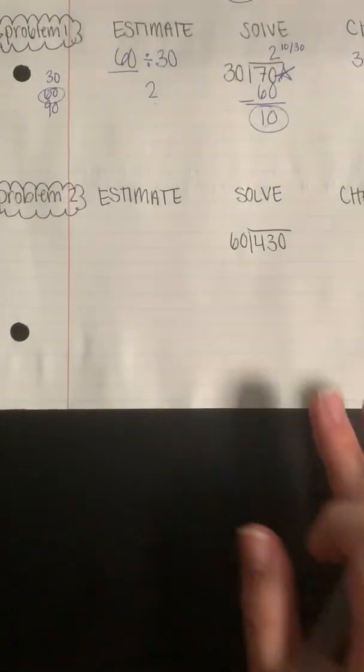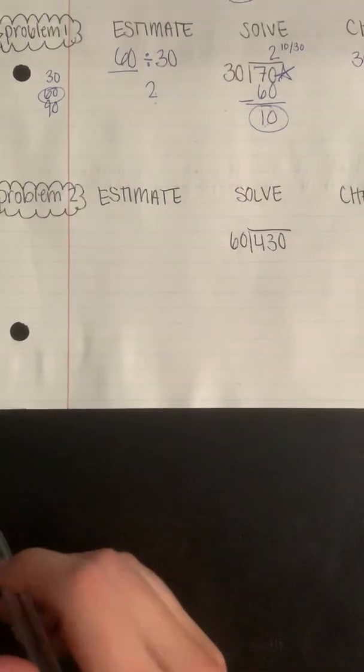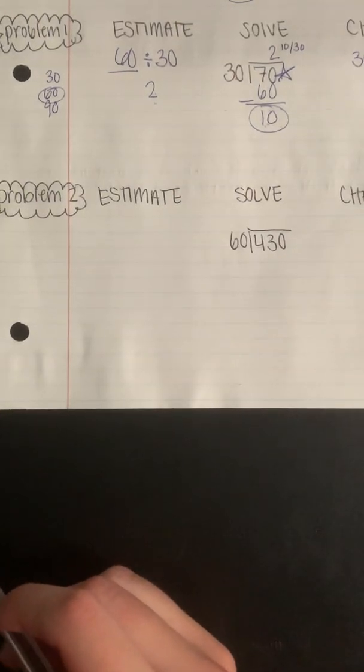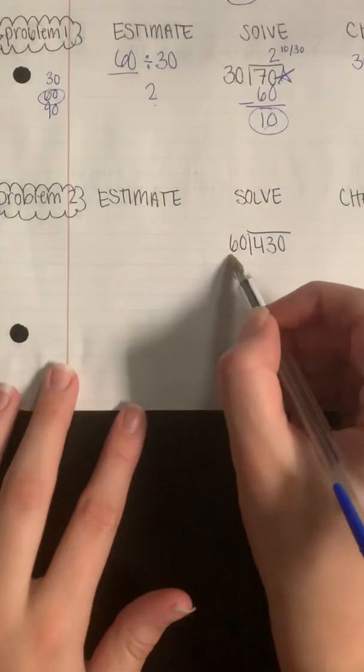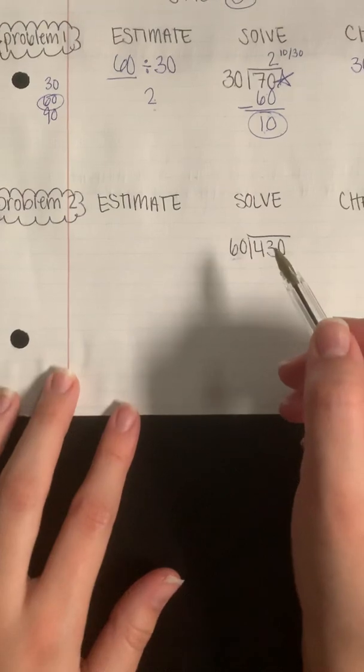So that's how we know we're right. Let's try problem number 2, 430 divided by 60. So the whole is 430, and again, we need a multiple of 60 to make the division easy.